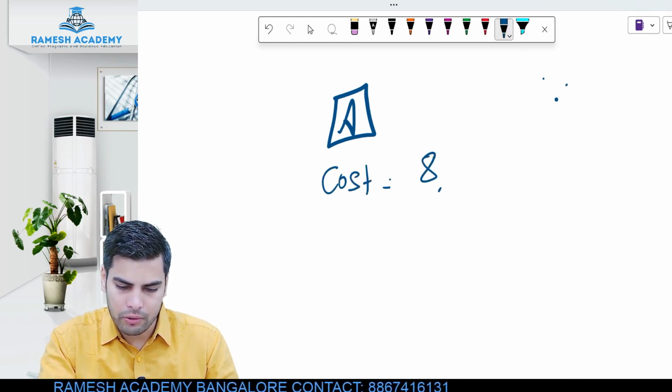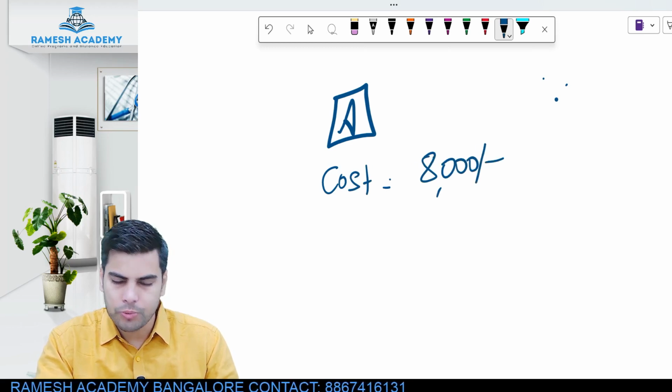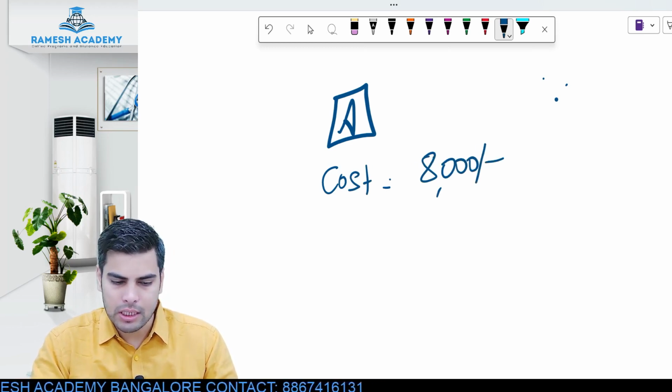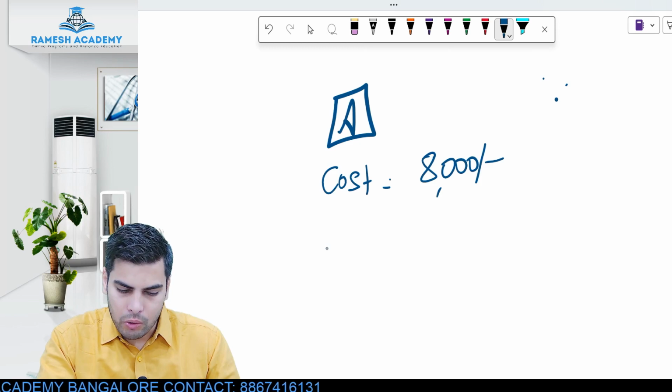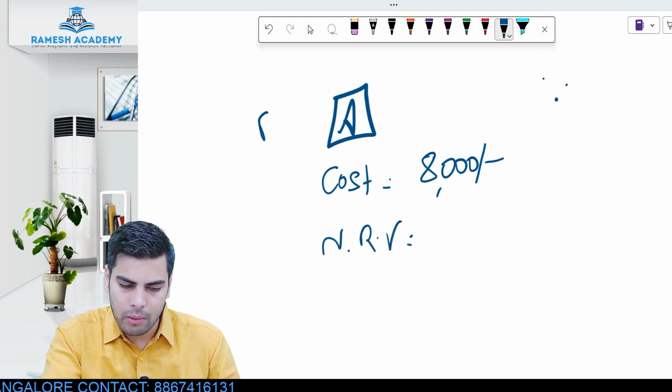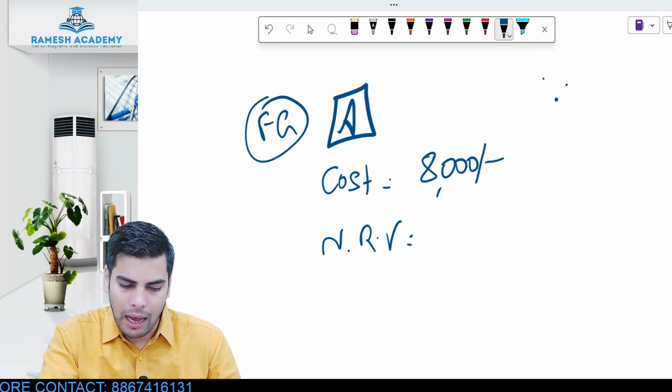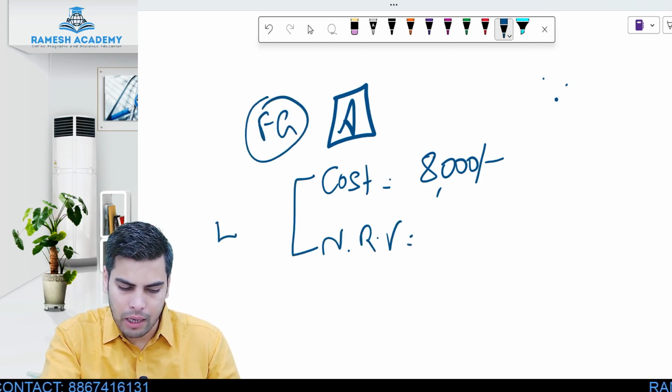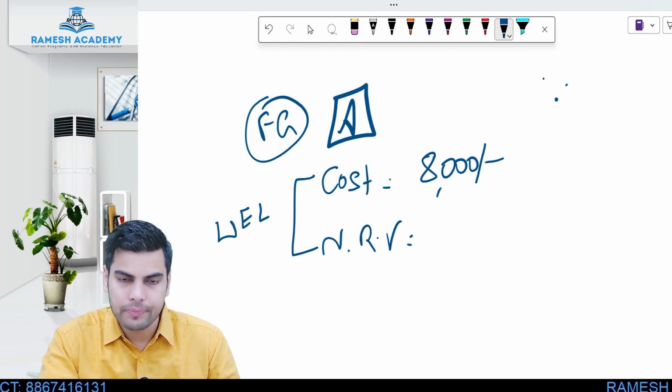Let's say the cost is 8,000 rupees. That is, you spent 8,000 rupees to get this finished goods A. Now this particular product has to be valued either at cost or net realizable value, whichever is less.